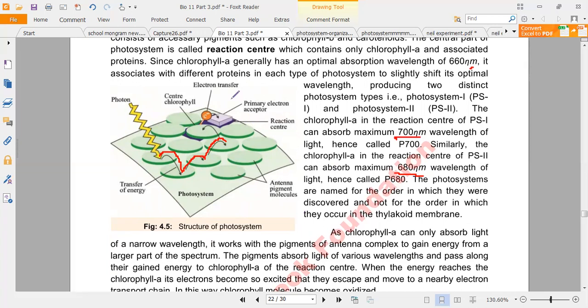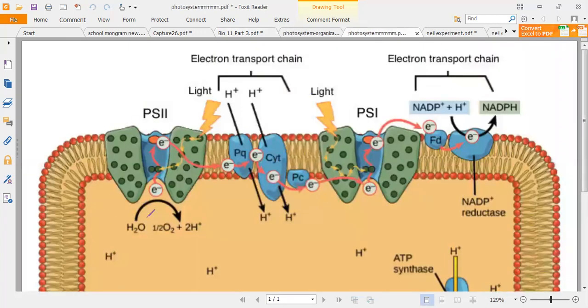If we see in this diagram, you can see here photosystems are arranged like this in the thylakoid membrane. The first is photosystem 2 and the second one is photosystem 1. Photosystem 2 captures the light energy, and electrons are emitted from it and move towards electron acceptors or the electron transport chain, and then move toward PS1.